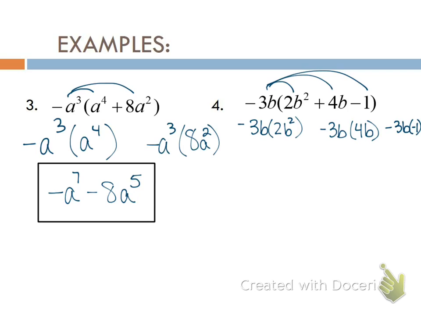Okay. Negative 6b to the third. Then what? Negative 12b squared. Good. And last? Careful. Positive 3b.